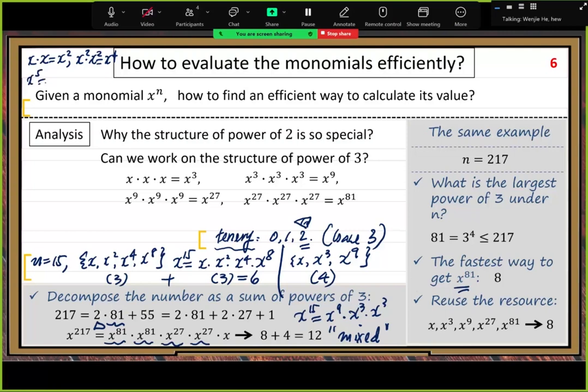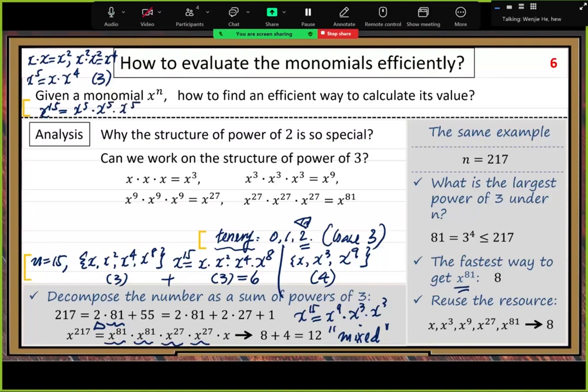Then x to the 5th equals x times x to the 4th. How many multiplications do we need to get x to the 5th? 1, 2, 3. After 3, we get x to the 5th. Then x to the 15th equals x to the 5th times x to the 5th times x to the 5th.